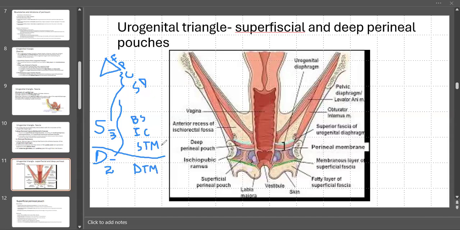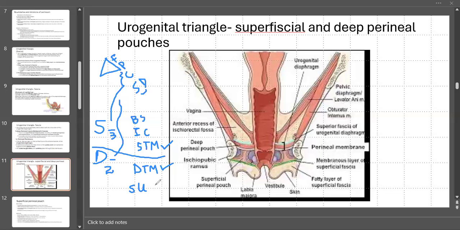If we have superficial transverse, then we should have deep transverse, because if something is superficial, then there is a deeper structure. So we name it this way. And the other is sphincter, sphincter of the urethra. So remember these five names, and it will cover main and major information about the muscles. Okay, so we learned superficial and deep muscles here.